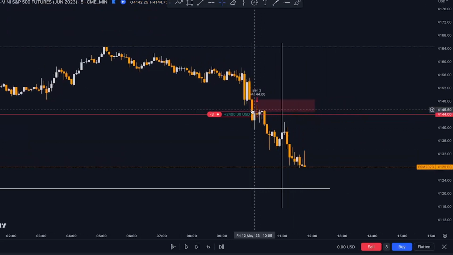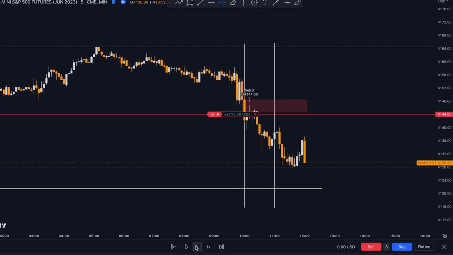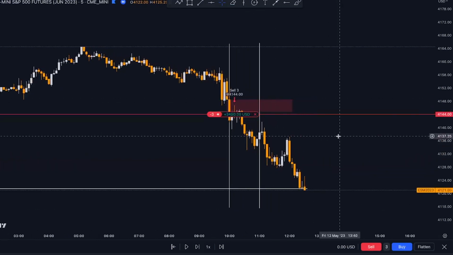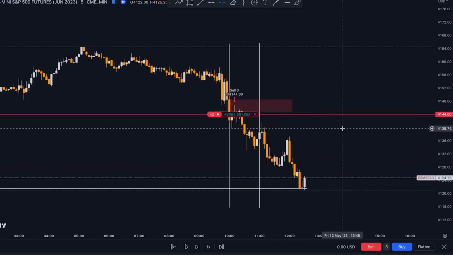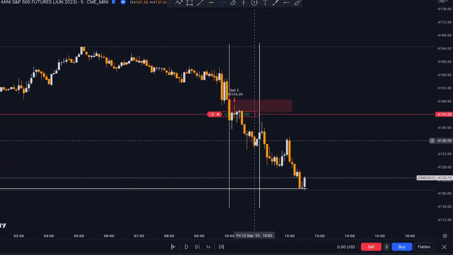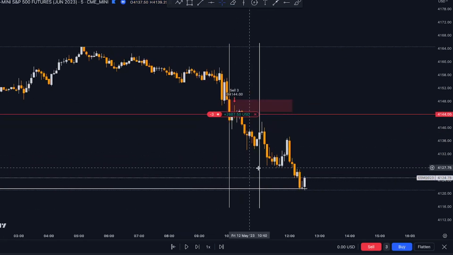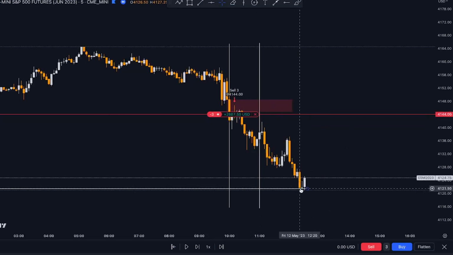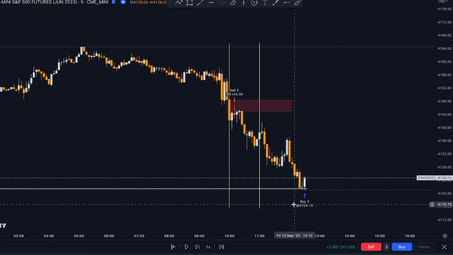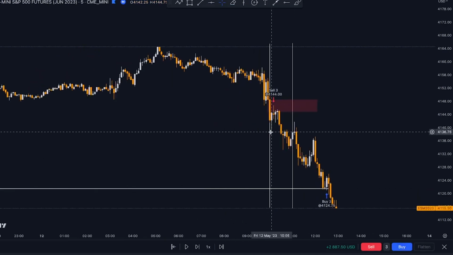You can see there was almost no drawdown at all. And we got our 5 handles right away from 10 to 11 AM. We got 5 handles easily, and we also got our target sell side liquidity for like 20 handles. And we can see it dropped even lower.